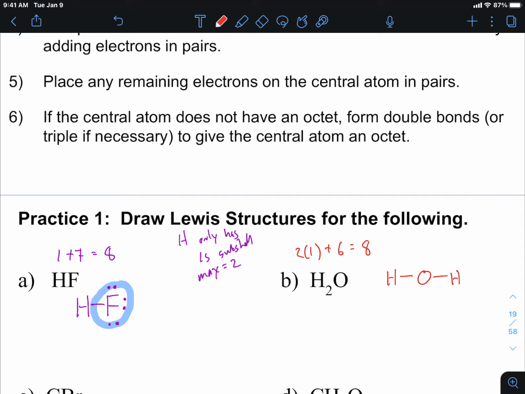Step 4, fill up the octets. Well, hydrogen can't have an octet, but oxygen can. And as of right now, I have used up my 8 valence electrons that I counted, and so I am done. Oxygen has 8 around it. The hydrogens don't need 8, so we're done. Okay, so these are the simplest scenarios.